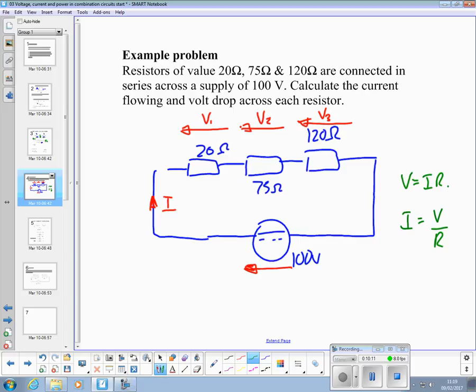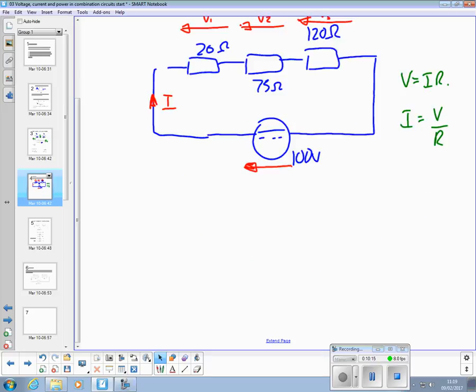Yes, so first of all, calculate total resistance.